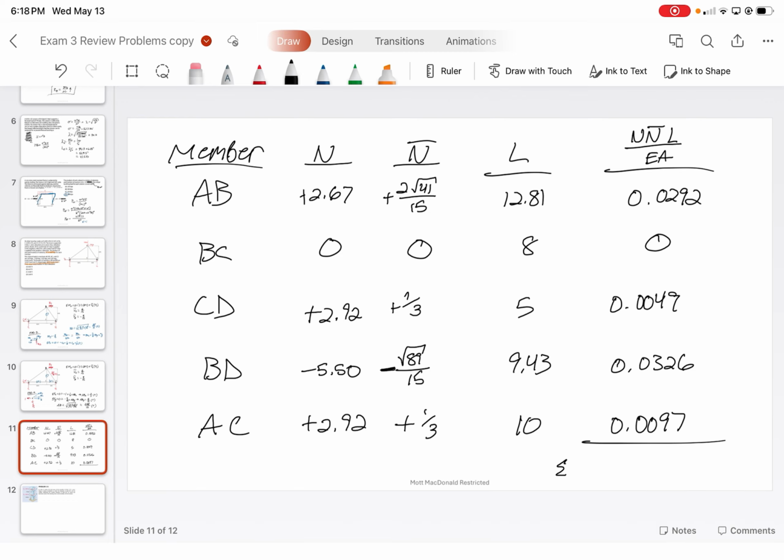And you take the sum of all of that, and that is your total strain energy. 0.0292, 0.0049, plus 0.0326, plus 0.0097, which gives us a total strain energy of 0.0764.